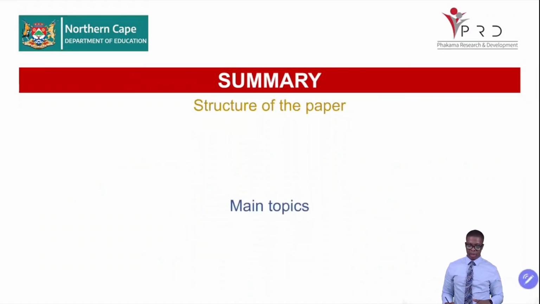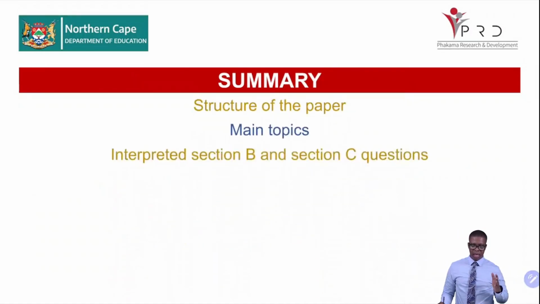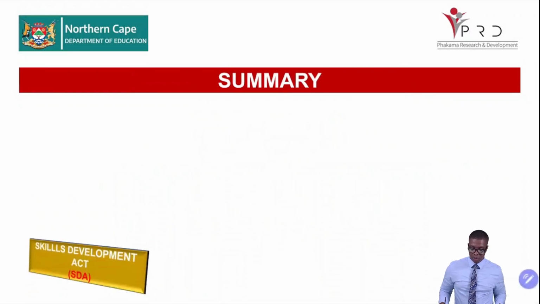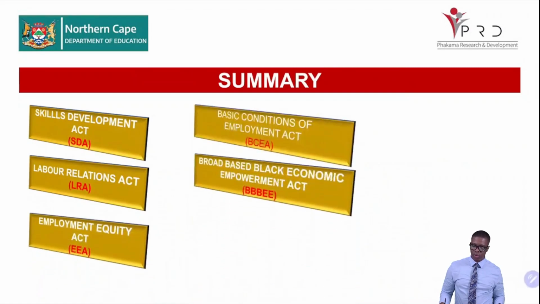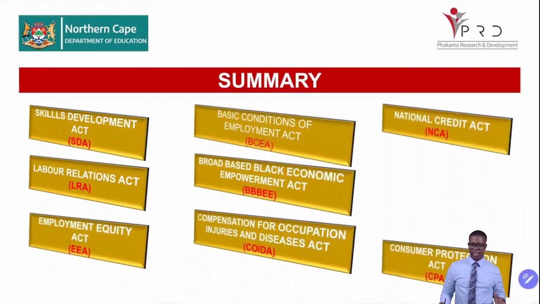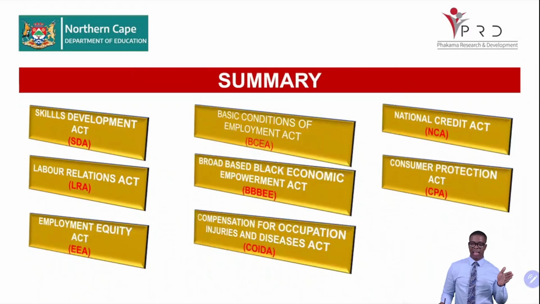And then, with that being said, we now look into the summary of our lesson, where we looked into the structure of the paper, we looked into the main topics, and also interpreted section B and section C to say how we should go about interpreting the business environment. And we also looked into the legislations to say how we should go about answering them regarding the action verb, which is identify, and how to code from the scenario.